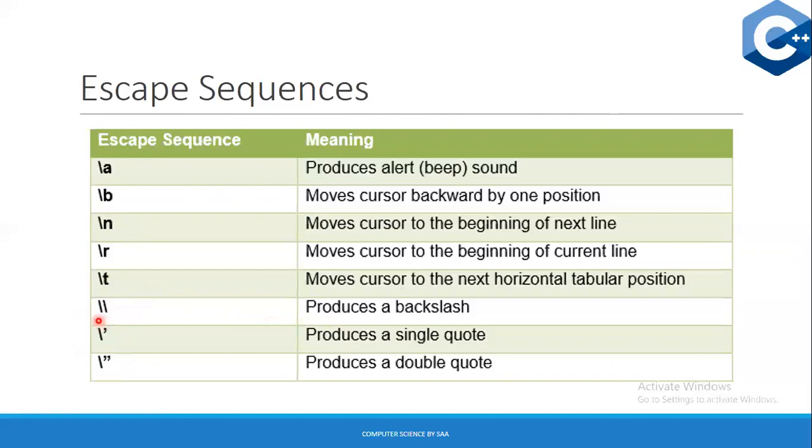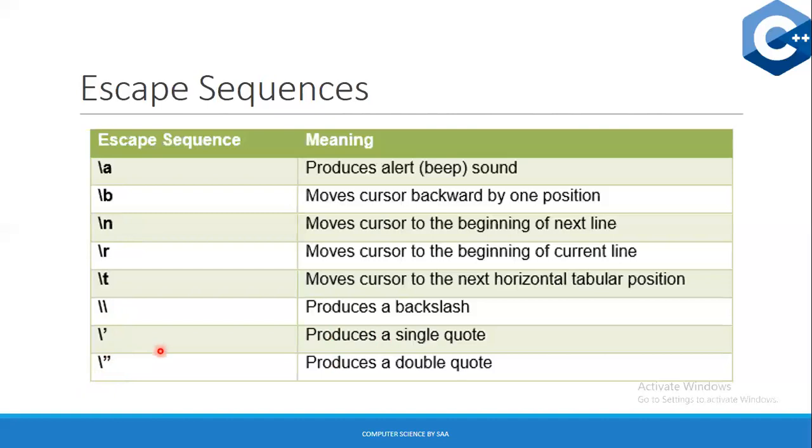Make sure this is the backslash. This backslash with a single quote will produce a single quotation mark on the screen, and this backslash with the double quote will print the double quotation marks on the screen. So these are the simple escape sequences that are used in C++.